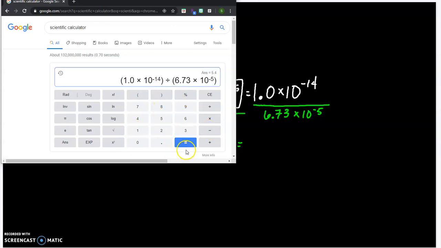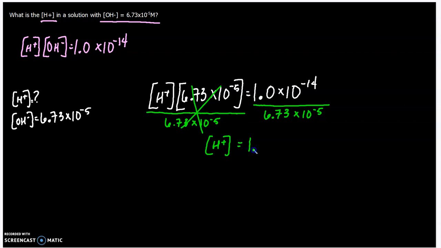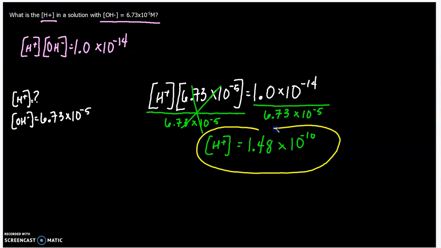Close your parentheses. Everything looks beautiful. Press enter. All right, so our answer is 1.48 times 10 to the negative 10. And you're done. Bada bing. Alrighty, moving forward.